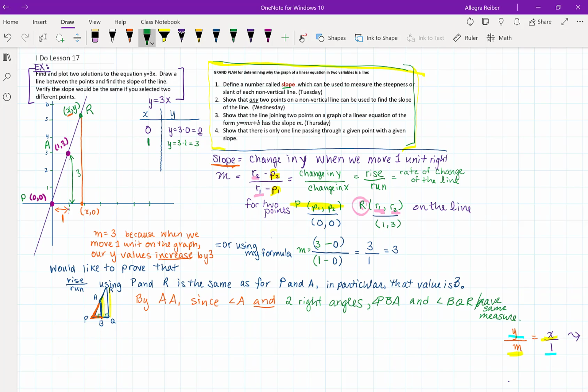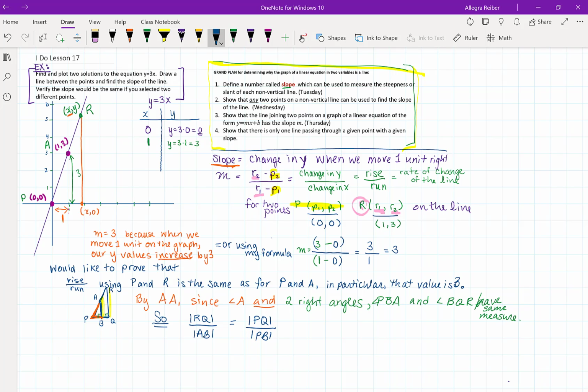So since we know that these two triangles are in fact similar, we can set up equivalent proportions of corresponding sides. So I know that the length of RQ, its ratio to the length of AB, should be equal to the length of PQ divided by the length of PB.